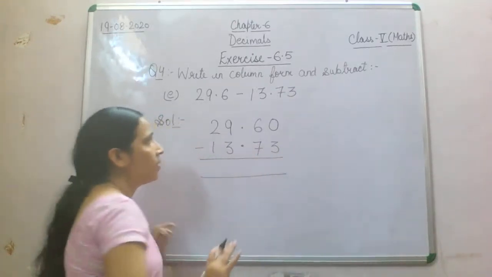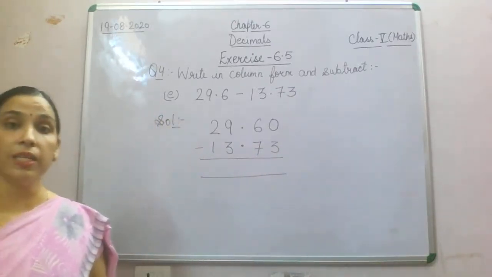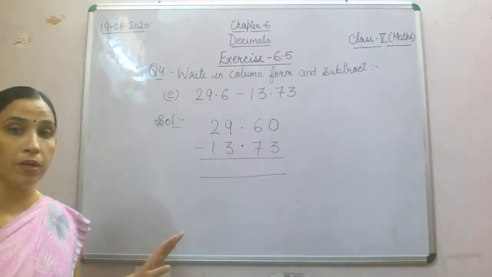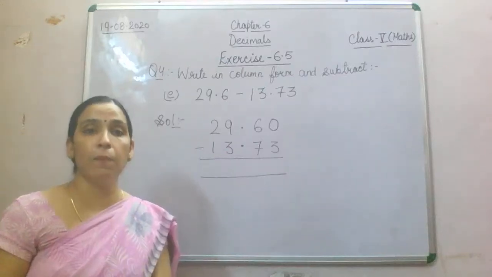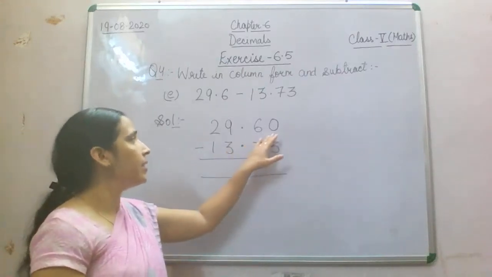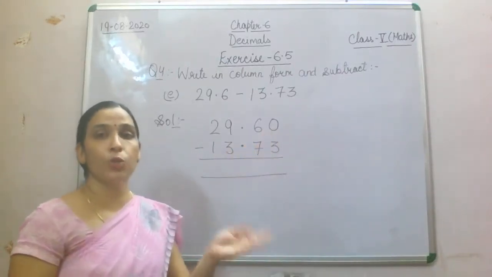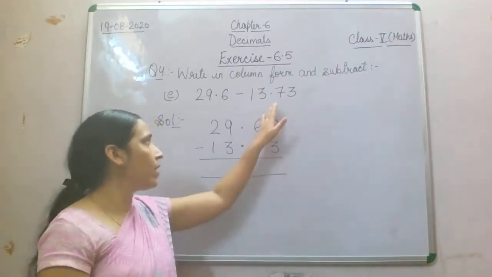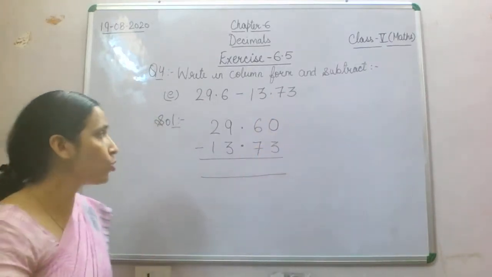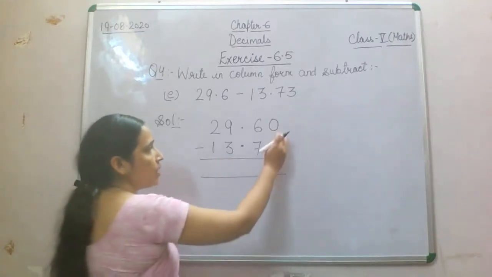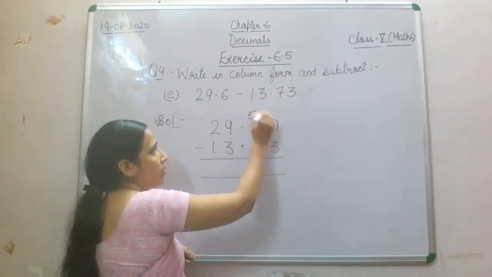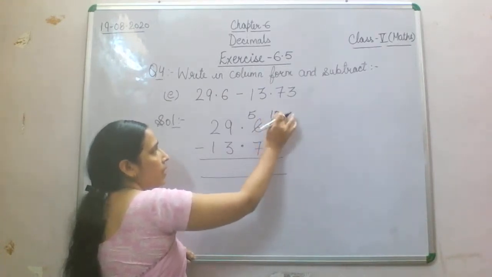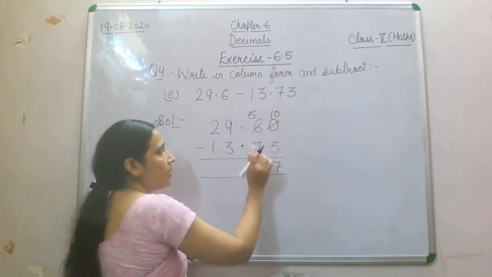Fine. How will we do the subtraction? If we have a number written above with one decimal place, then we will add a 0 to make it 2 decimal places. Fine. The other number has 2 decimal places, so what will we do now? From 0 you cannot subtract 3, so this 0 will borrow from here. So this will become 10. 10 minus 3, what will you get? 7.